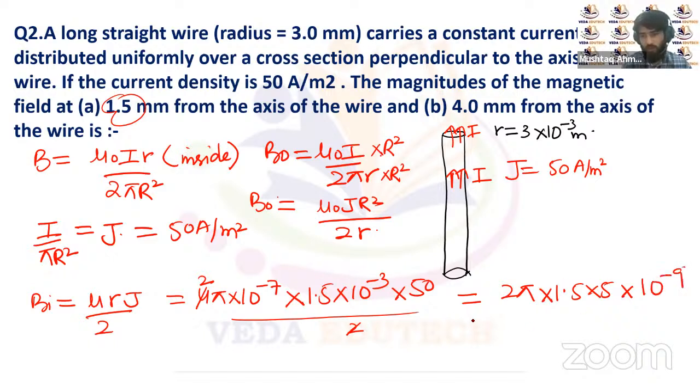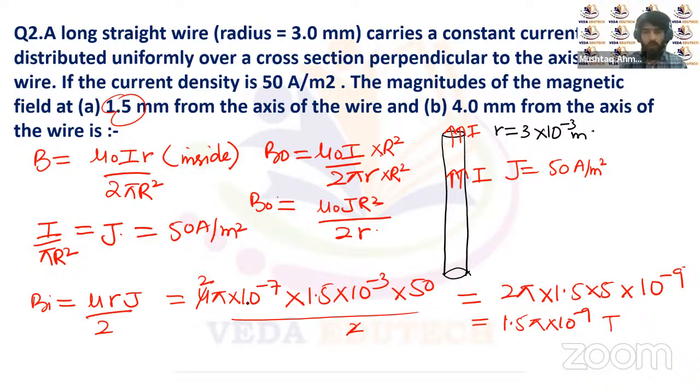So that's the value of the magnetic field, 1.5 pi into 10 to the power minus 9 Tesla, or we can write it as 1.5 pi nano Tesla. This much magnetic field will be there at a distance of 1.5 mm from the axis of the wire.